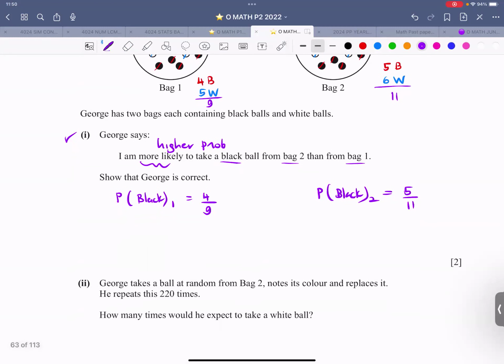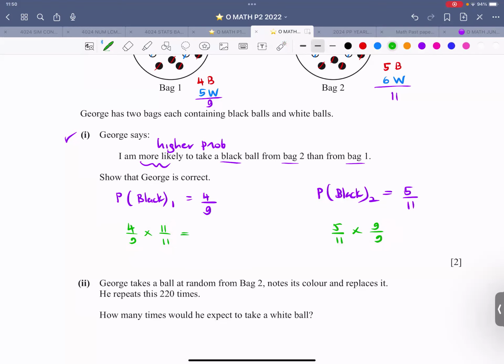So now what we have to do is make sure that we have the same denominator. So let me multiply 4 over 9 into 11 over 11. Let me take 5 over 11 into 9 over 9. Any number divided by itself is 1. Basically, 9 into 11 will make it 99. 11 into 9 is 99.